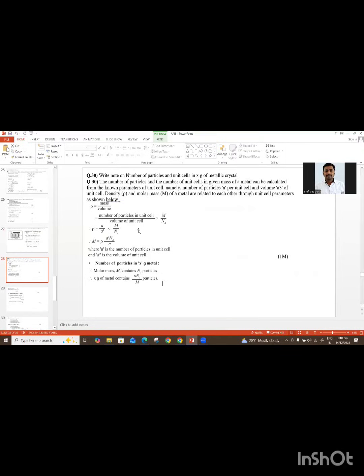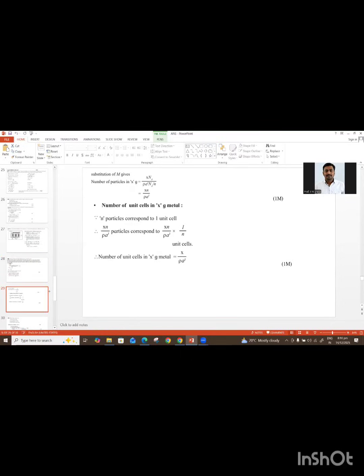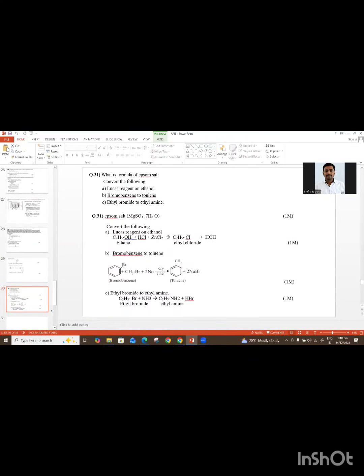If you substitute the value, finally x grams of metal contains x into Avogadro's number upon molar mass of substance. This gives you the number of particles in x grams of substance, x upon rho into a cube.